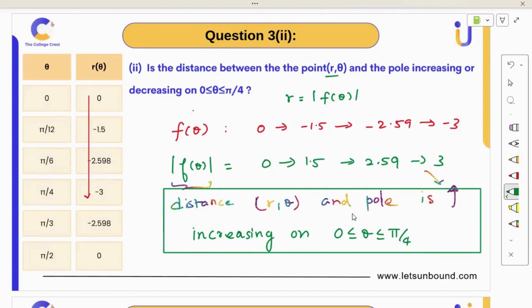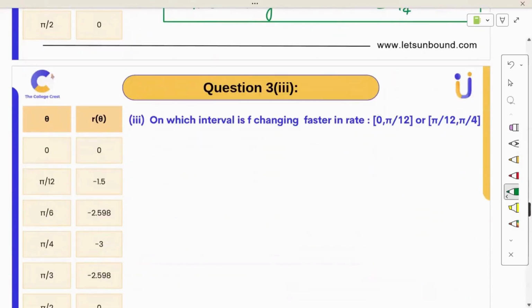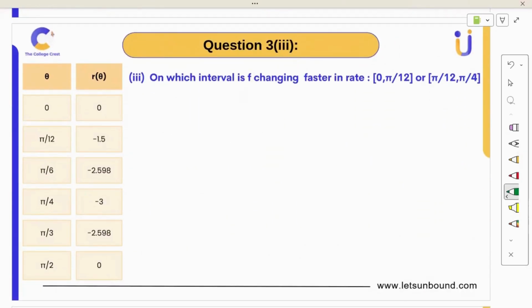Okay, right. And the last part of this question: on which interval is f changing faster in rate? So we should find the rate of change, then compare and find which is faster. For 0 to pi by 12, you will find the average rate of change. So the average rate of change, I'm writing AROC, in the interval 0 to pi by 12 would be equal to del r by del theta.